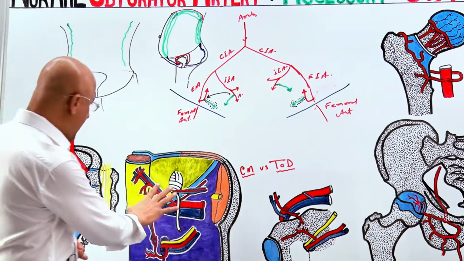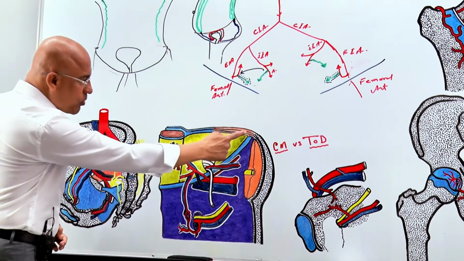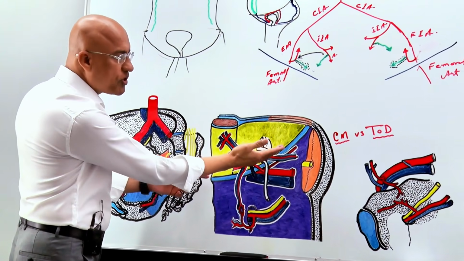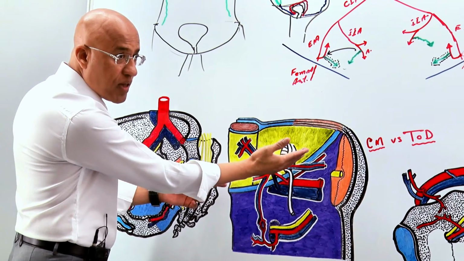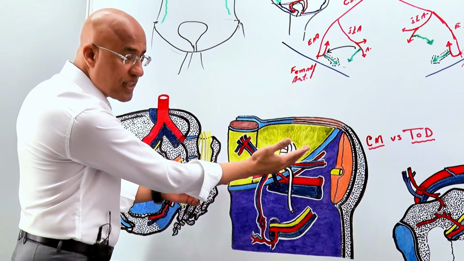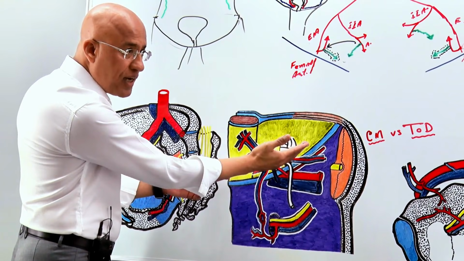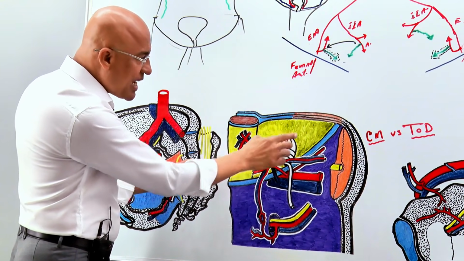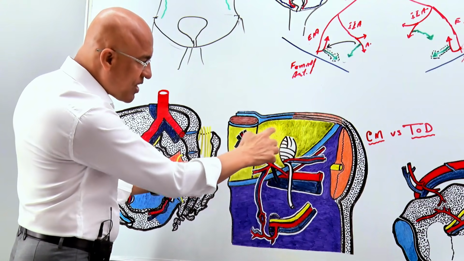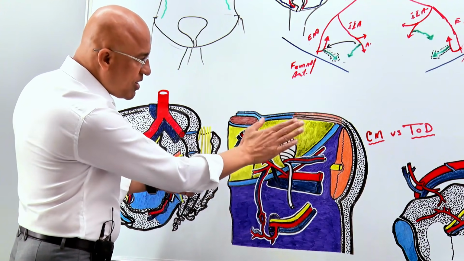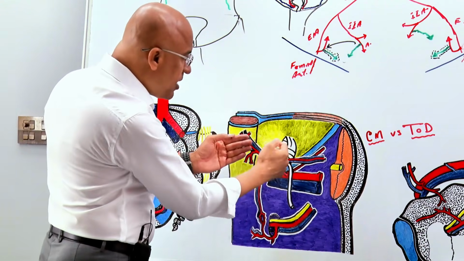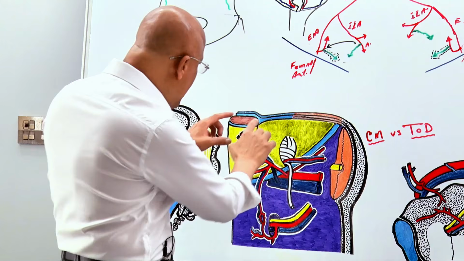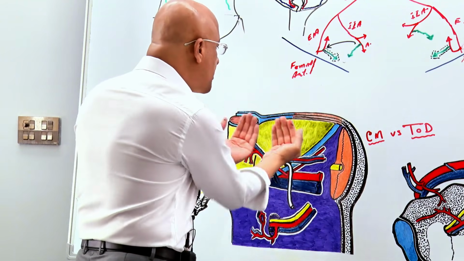Now, look at this diagram. This is the inguinal ligament, and above it there is a region of some muscles, including transversus abdominis. And this fascia here, we are standing inside the abdomen and looking at the anterior abdominal wall from its back.